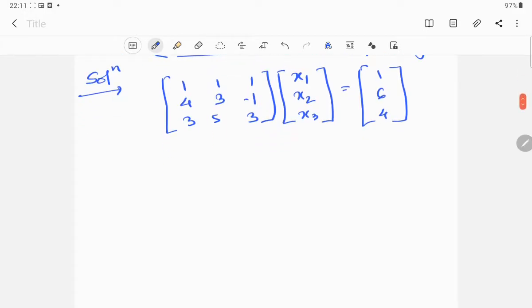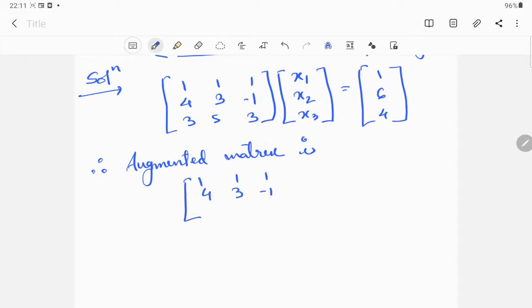Now what should be our next step? The augmented matrix is 1 1 1, 4 3 minus 1, 3 5 3.